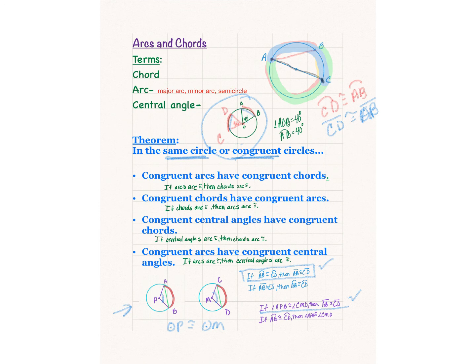So knowing up here in this figure that arc AB is congruent to arc CD would tell me that those angles are congruent. And then down here in the separate circles, same thing. If I know that arc AB is congruent to arc CD, then I know that the angles are congruent. So those are the theorems that go with those. Two of them are converses. The others are not converses, they're just separate theorems.